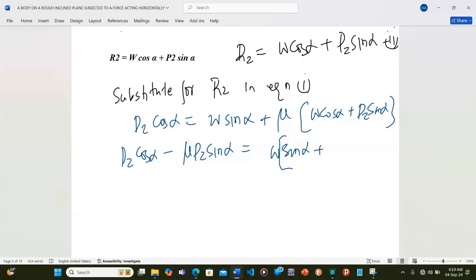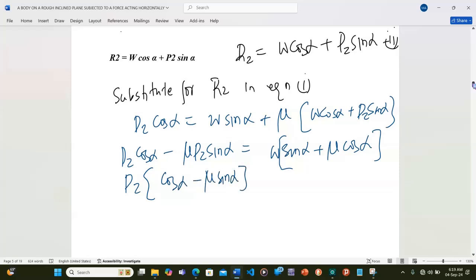So this is P2 into cos alpha minus nu sine alpha, which is equal to W into sine alpha plus nu cos alpha.